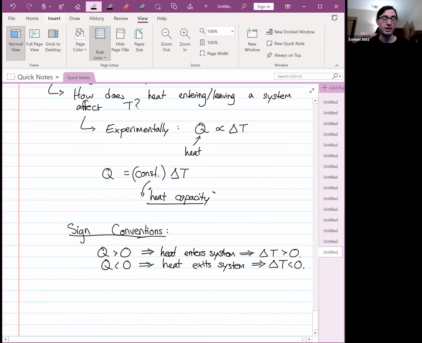Just as a quick aside, in your chemistry classes, I don't know if they still do this, but I know that they did this a few years ago. You learned that, was it either heat or work? One of those two. I think it was definitely work. So you probably have the same notion in chemistry. Can anybody confirm that the Q of a system is positive when its temperature increases?